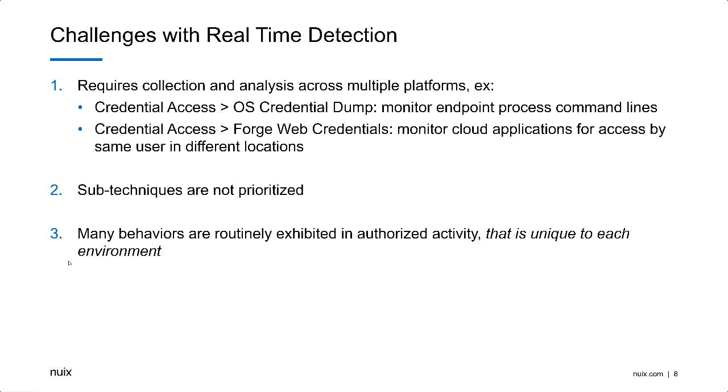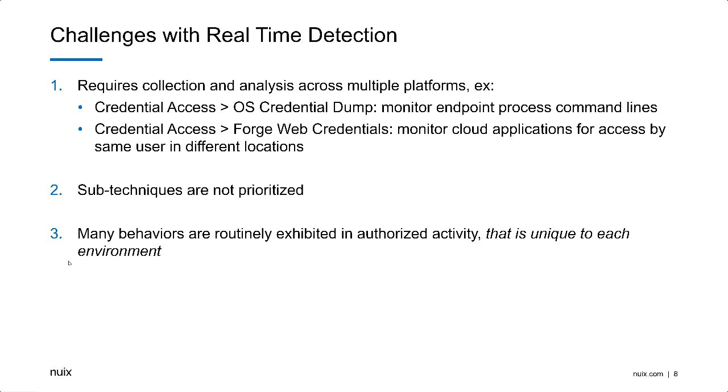And then finally, I think one of the most interesting challenges is that of the 367 sub-techniques, many of them are routinely exhibited in authorized activity, either by administrators or even by Windows or by third-party applications. And the way that those behaviors exhibit themselves is generally going to be unique across environments.